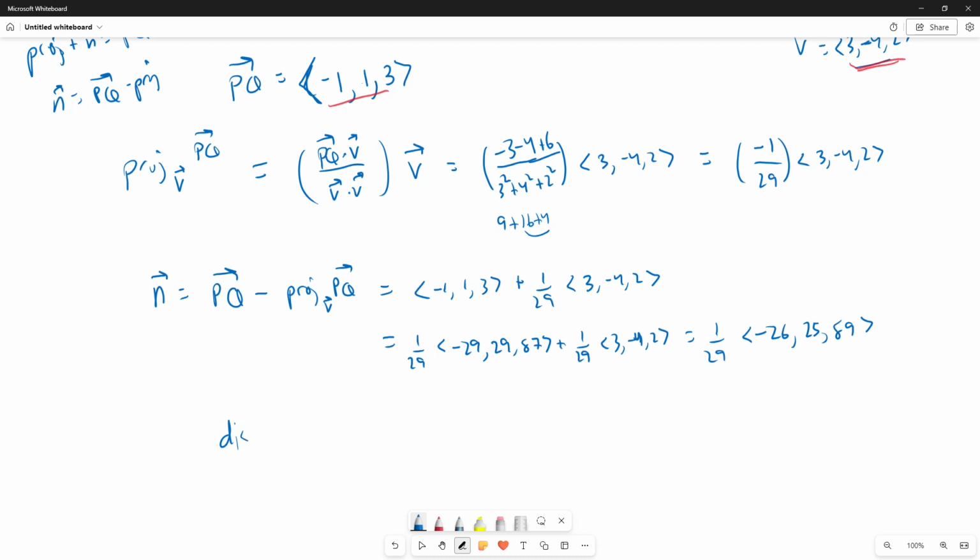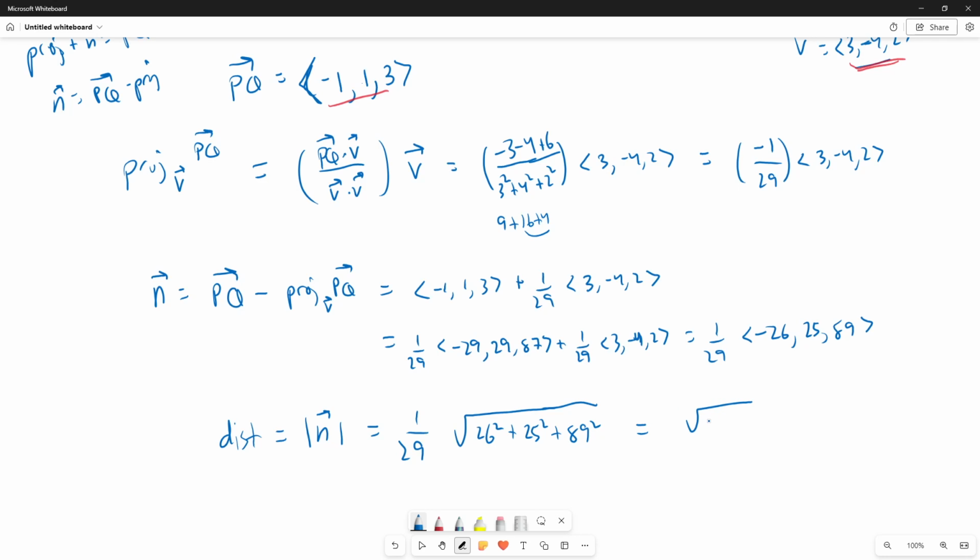The distance is the magnitude of the vector N, which is 1 over 29 times the square root of 26 squared plus 25 squared plus 89 squared. So we have to square these numbers, add them up, divide by 29.